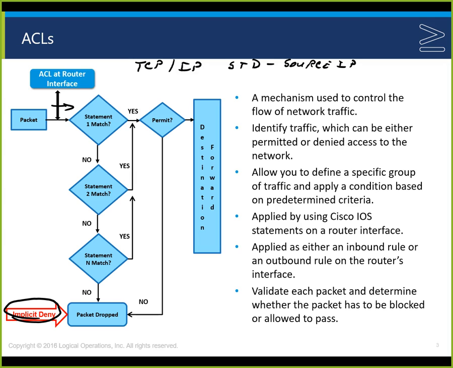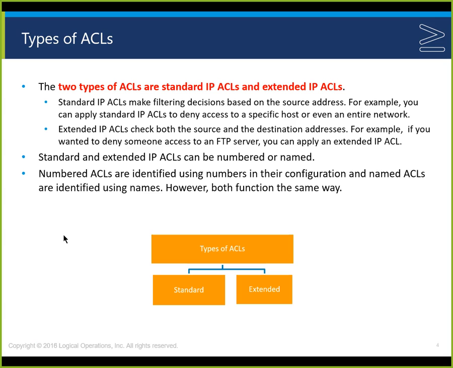Again, that really did have me confused for quite a while. They used to have a default for these things. They don't have it anymore. You actually have to specify whether it's inbound or outbound. ACLs validate each packet and determine whether the packet has to be blocked or allowed to pass. And again, if the header information doesn't match anything that applies, it's denied, because of the implicit deny that's on these things.